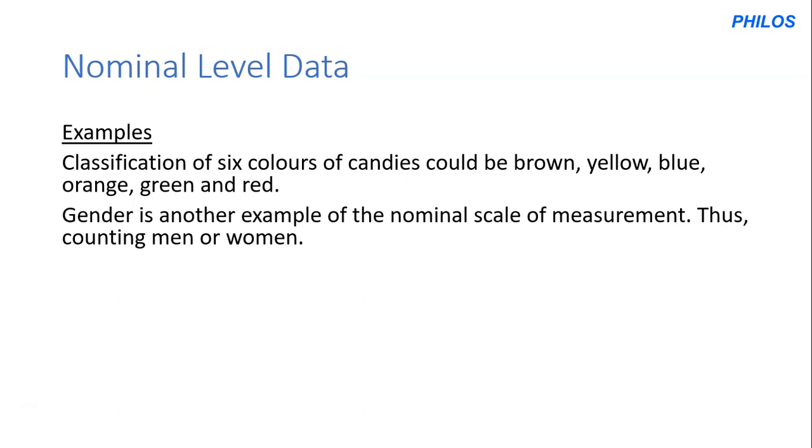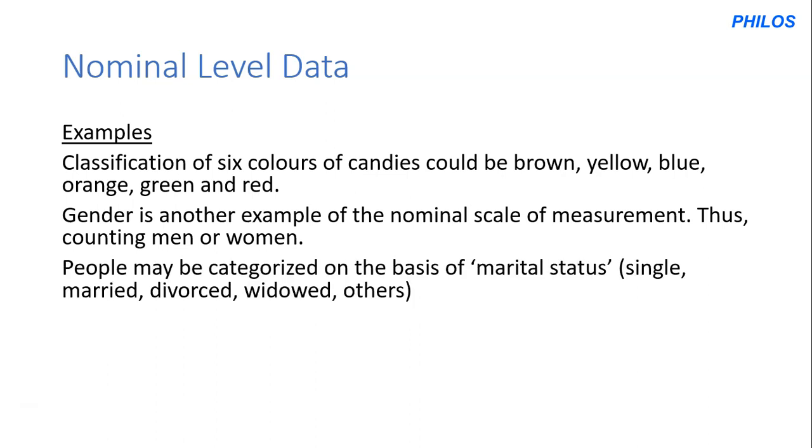Counting men or women, you can only count them, saying there are more women than men, or more men than women, but you can't rank their value, that men are better than women or women are better than men. Individuals may be categorized on the basis of marital status, so according to single, married, divorced, widowed, or others. So it's also on a nominal scale.